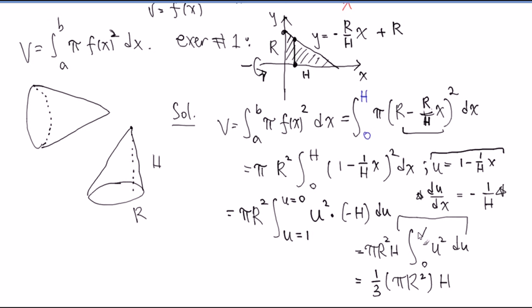And no matter what setting, this will show up after you change your variable. You have to do the substitution rule. This integral from 0 to 1 of u squared. So the short answer is, in the calculation of the volume of a cone, if you set up the change of variables nicely, there's always this factor of the integral from 0 to 1 of u squared that is responsible for the 1/3. Okay?